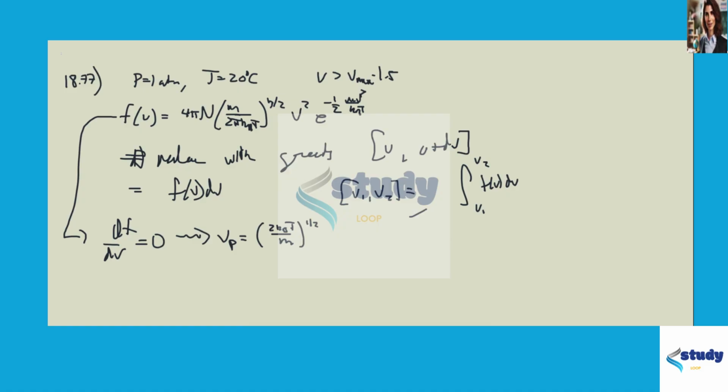So the equivalent integral is the number we want, given by the integral from 1.5 vp to infinity of f of v dv. This is the integral we want, but we're going to simplify it a little before we try to integrate it.